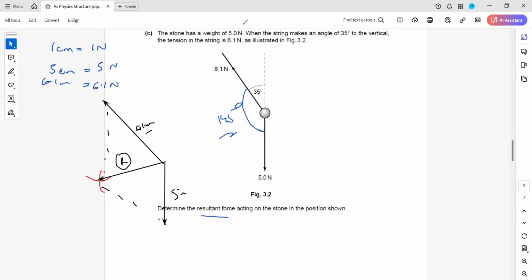How to use a triangle method? You draw first 6.1 at an angle of 35. Then the second vector, it's exactly vertical, so you don't have to measure the angle. Just draw a vertical line of 5 centimeter long accordingly.